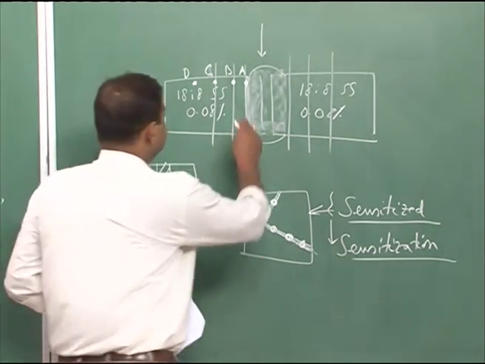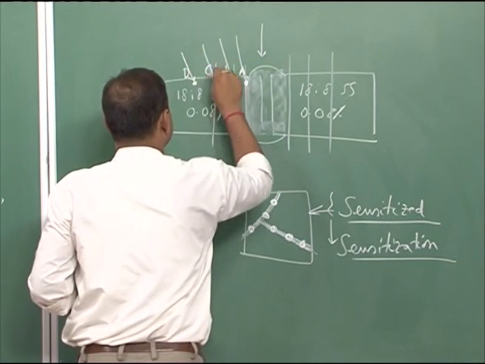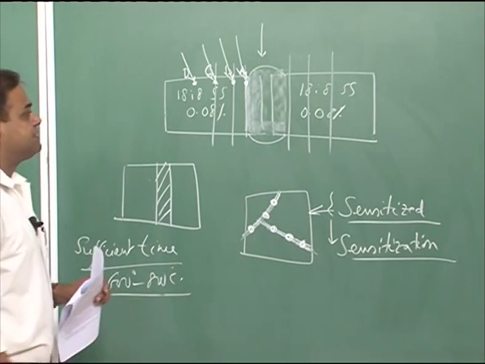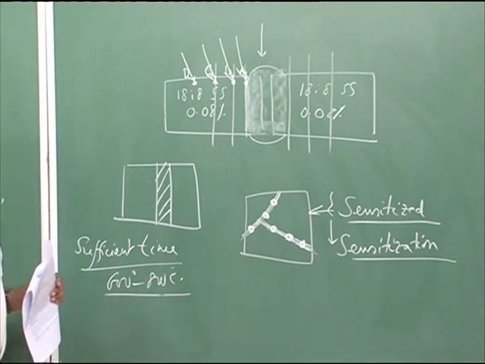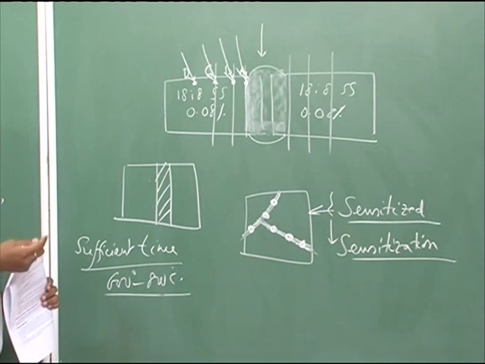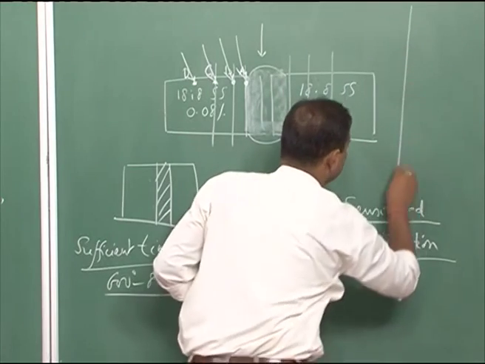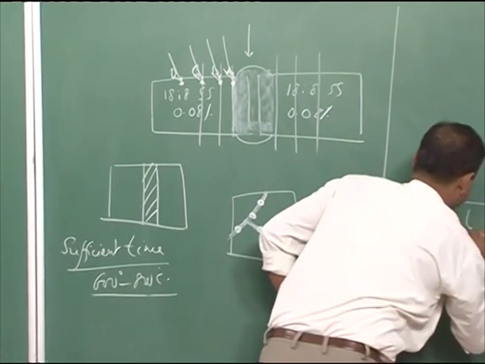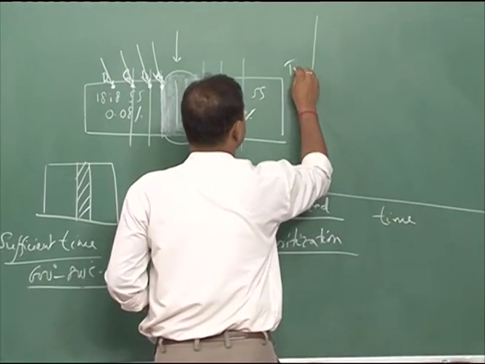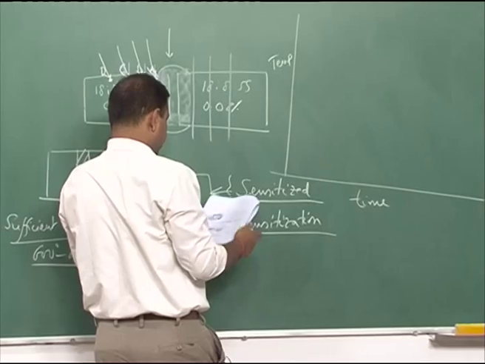Now, since thermocouples are fixed to these points, we can easily get the temperature profile while heating as well as while cooling. So, if we see, this is the time scale, this is the temperature scale. Now, we can have different temperature zones.